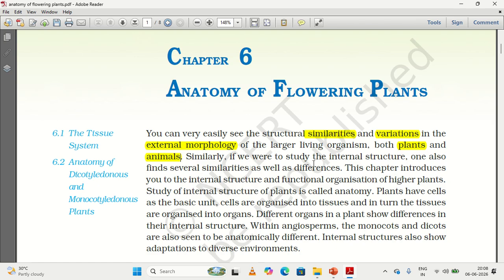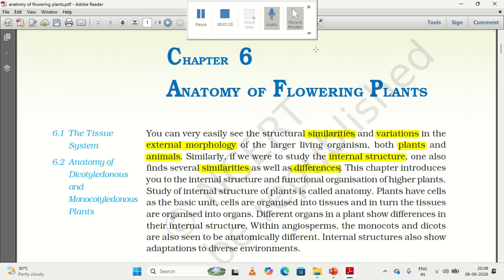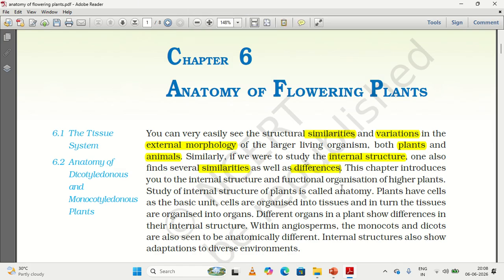Similarly, if we were to study the internal structure, one can also find several similarities and differences. Internal structure also shows many differences and similarities if we study it.